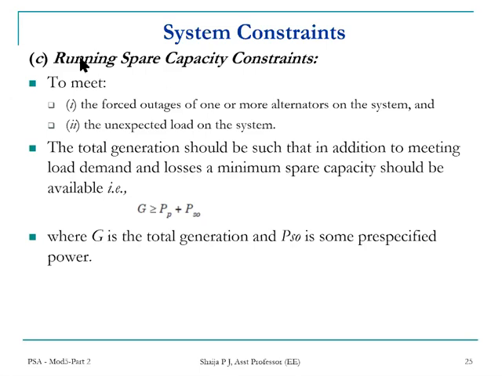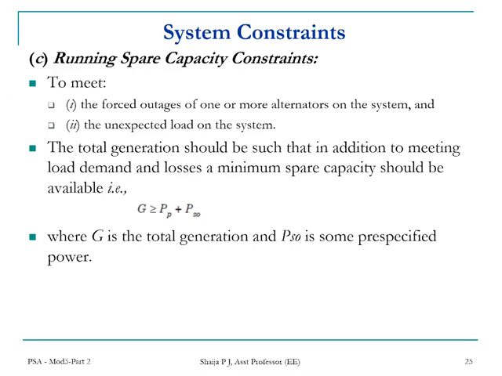So always remember the term running spare capacity, or spinning reserve, to meet unexpected outages and unexpected load in the system. The total generation should be such that, in addition to meeting load demand and losses, a minimum spare capacity is available, as mentioned here: where G is the total generation, PSO is the pre-specified power reserved as spinning reserve.